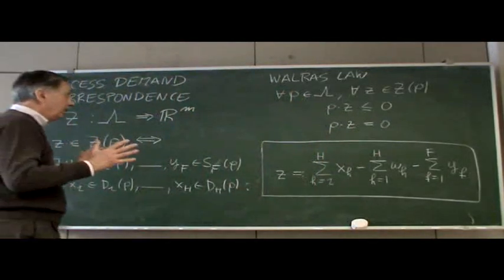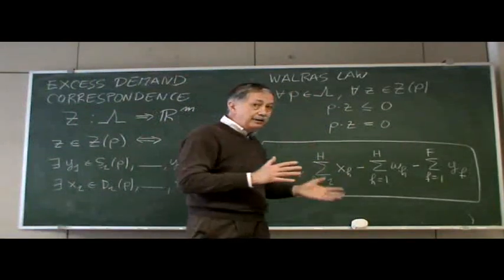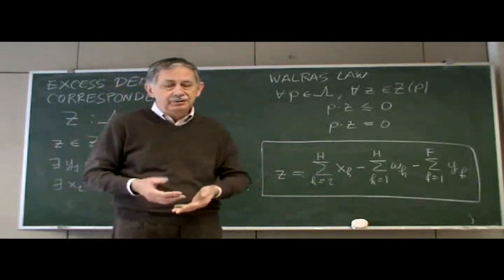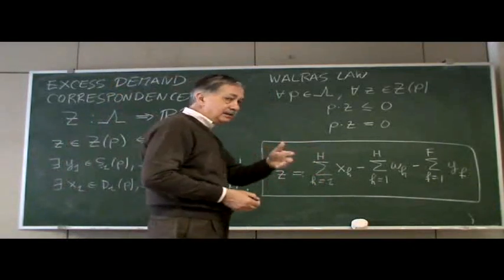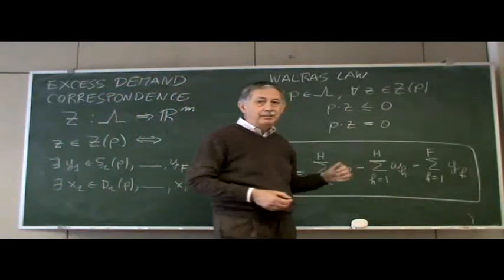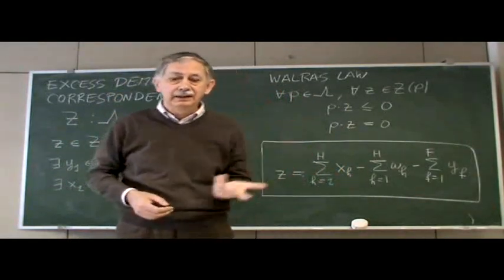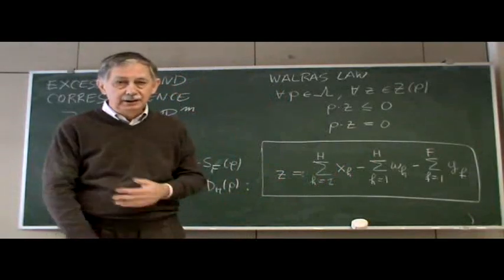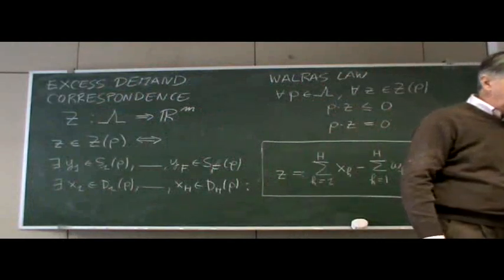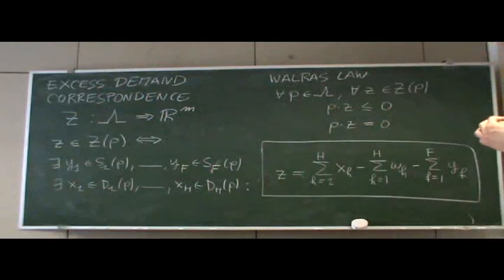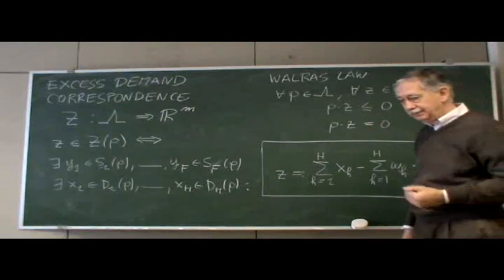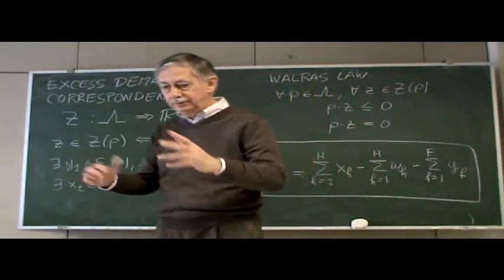Note that this condition holds for every price system, not only for an equilibrium price system, because in equilibrium, as we shall see in a moment, since every excess of demand is equal to 0, clearly this equality is surely verified. But in reality, it is verified also for other price systems, for every price system in lambda, of equilibrium or not equilibrium.